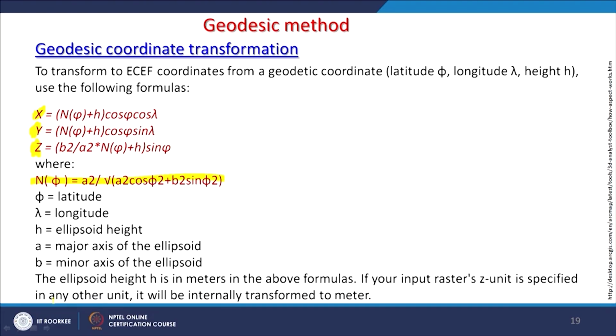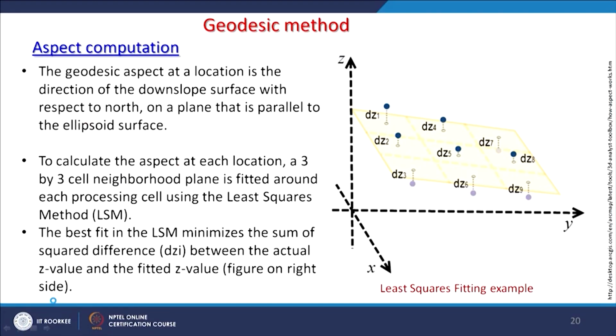So that will also play a very important role. And now in this geodesic calculation, aspect is the direction of the downslope surface, and it is measured with reference to the north, of course on a plane that is parallel to the ellipsoidal surface, because it has to be measured only in a horizontal plane basically.